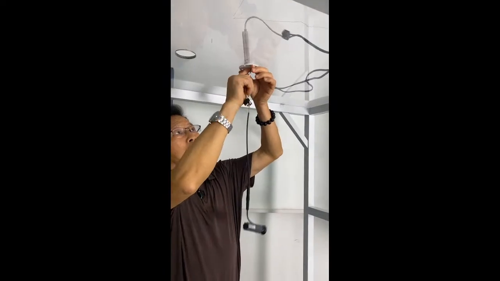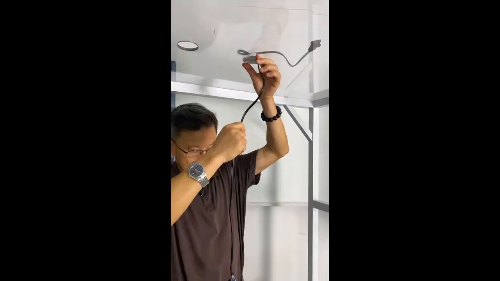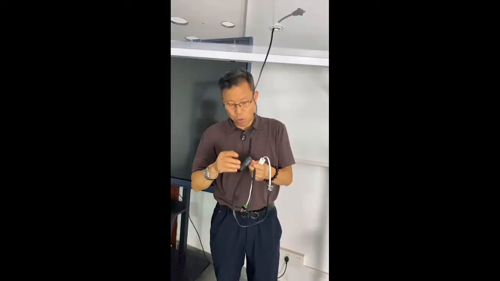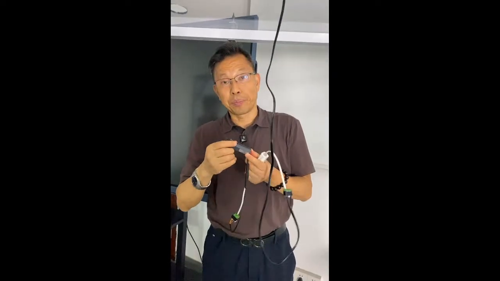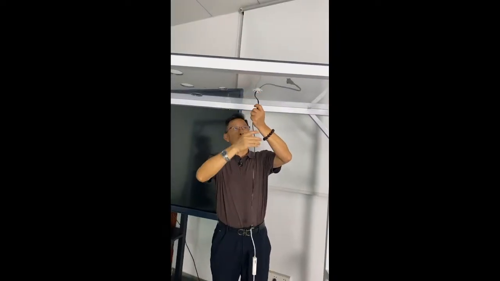Even the driver, everything can be taken apart, and we can check: is something wrong with the driver, or is something wrong with the LED engine? After fixing the problem, we can put it back, right? You don't need to destroy the ceiling.